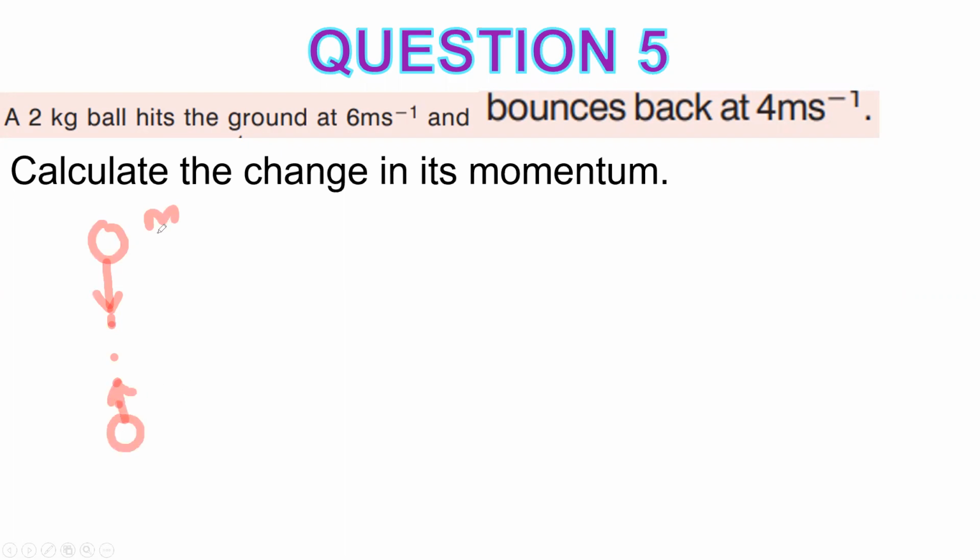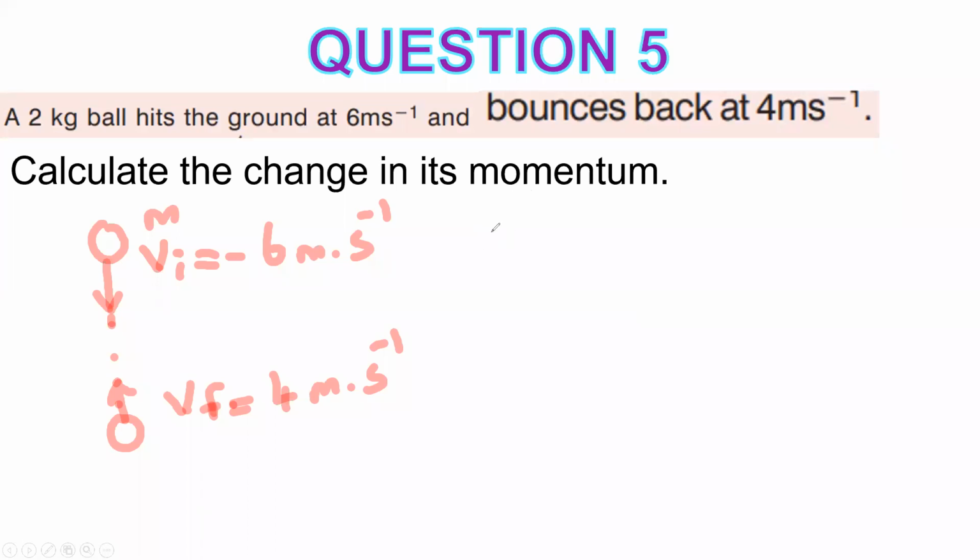This is our V initial. What's our V initial? Negative 6 meters per second. And then V final is equal to positive. What we said, when it's going up, we are going to use positive, right? 4 meters per second.